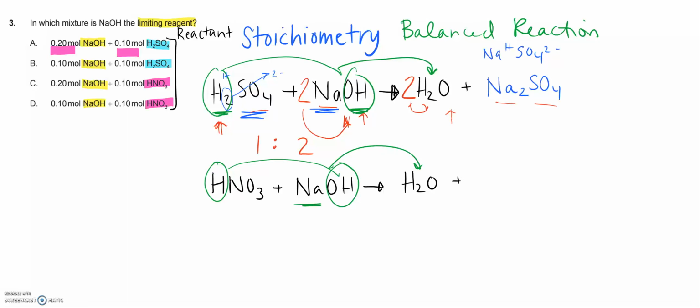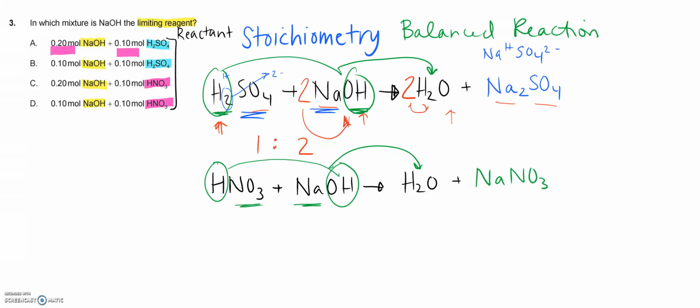My leftover stuff is the Na and the NO3. Na has an oxidation number of 1+. NO3 is a polyatomic ion with a charge of 1-, and so my salt is NaNO3. Acid plus a base that contains a hydroxide or an oxide forms water and a salt.